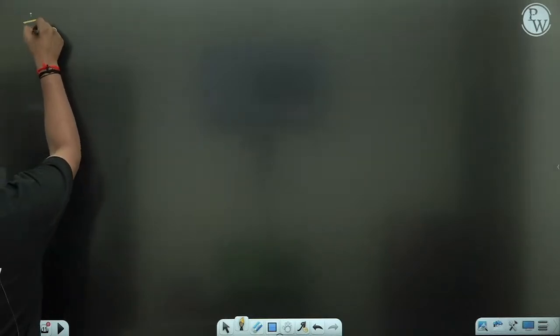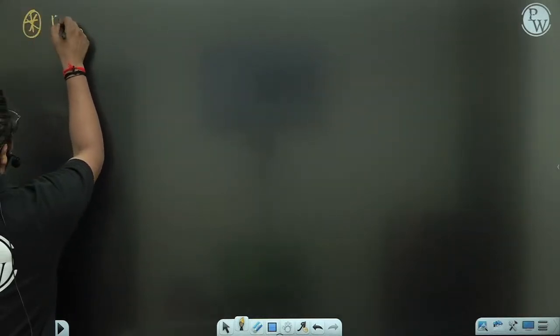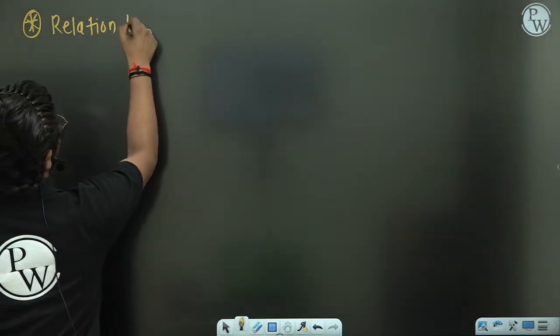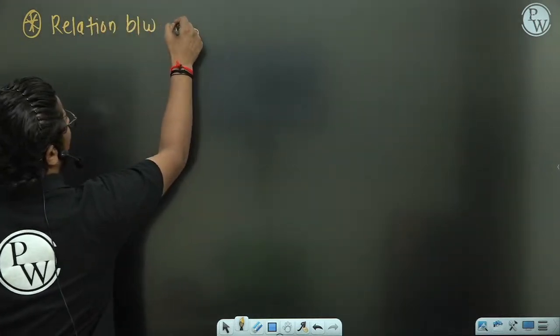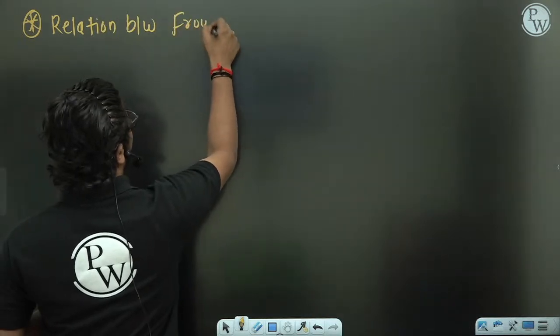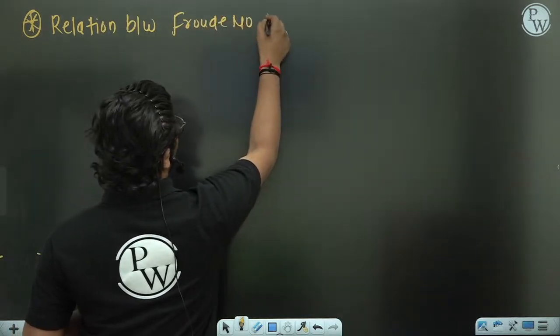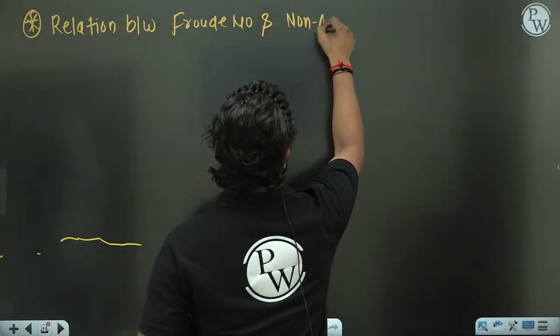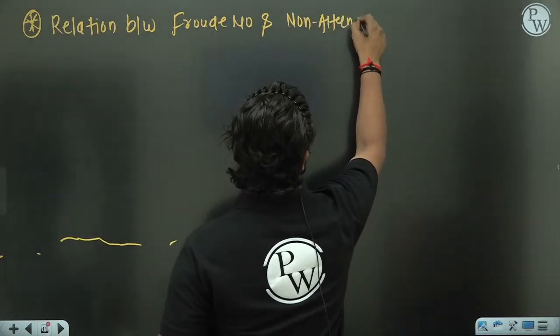Okay. Now let's make a relation between Froude number and non-alternate depth.